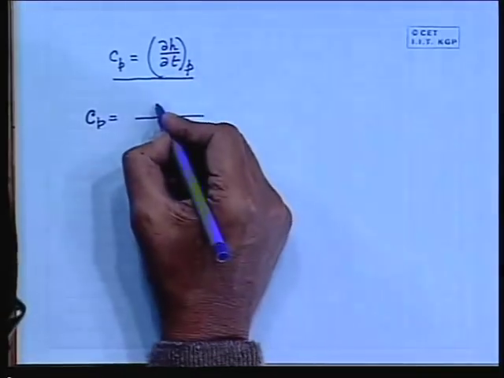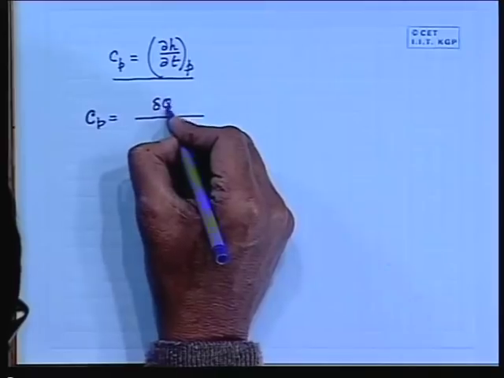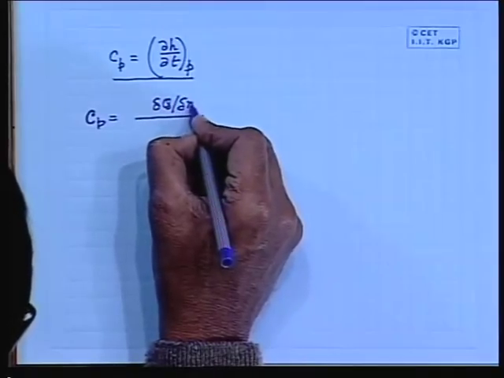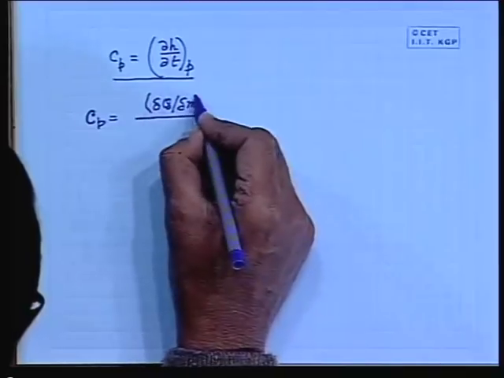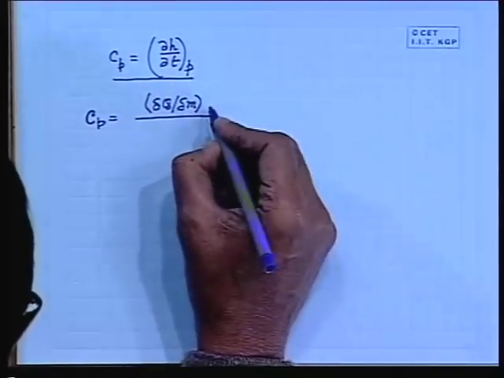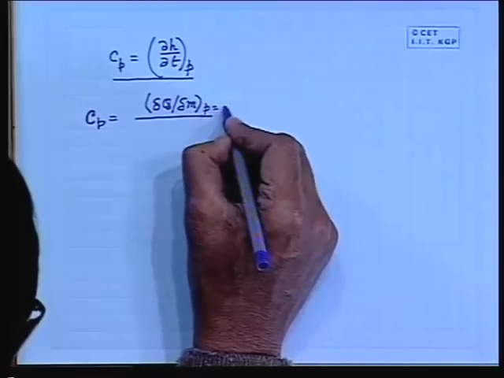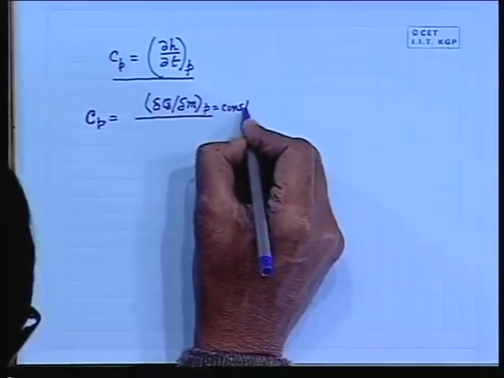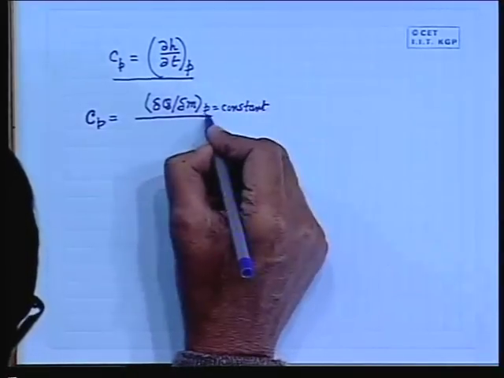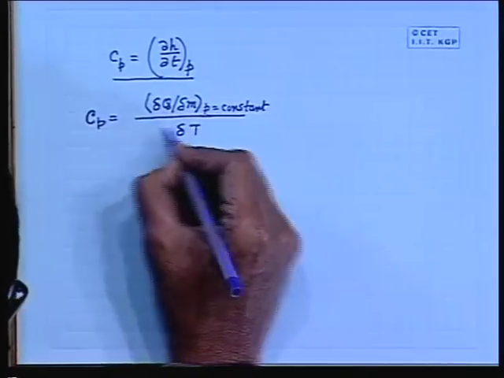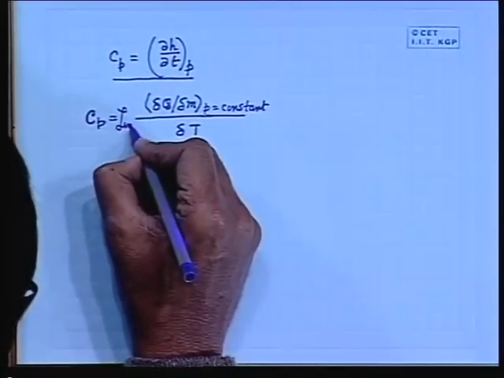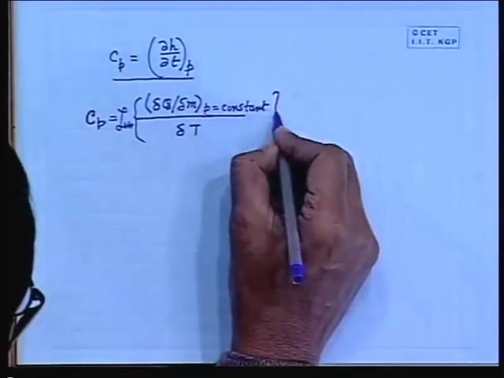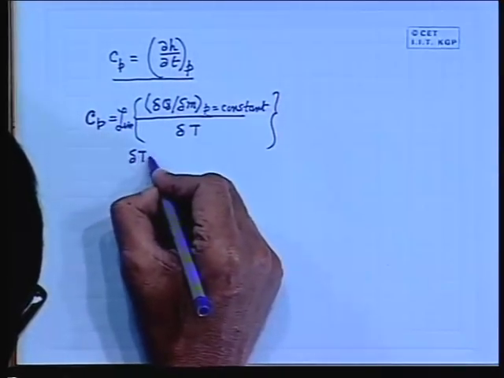With the same nomenclature, delta Q by delta M, where delta Q is the small amount of heat added to a system of mass delta M, where P is equal to constant, divided by delta T, and the limit of this quantity as delta T tends to 0.